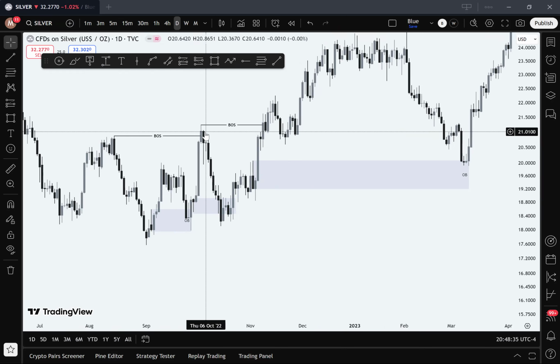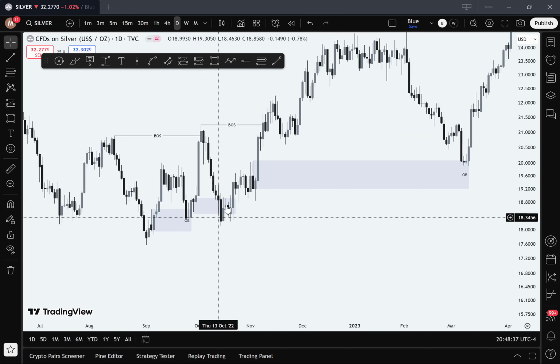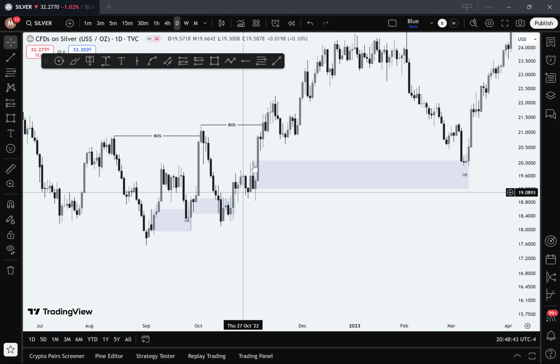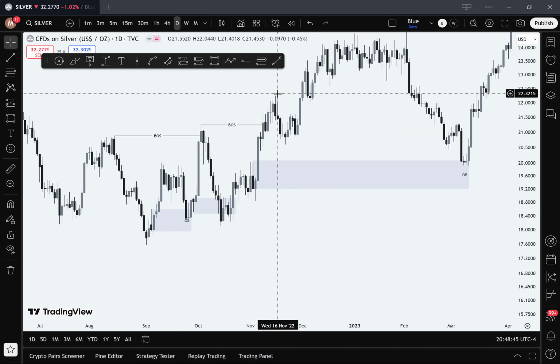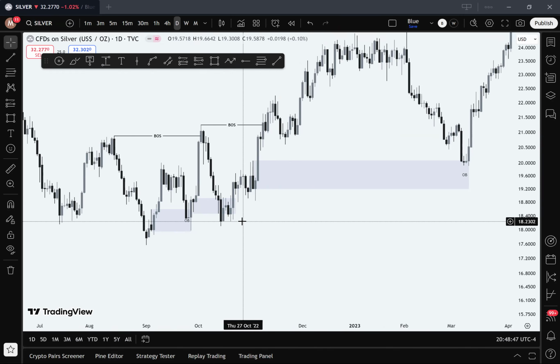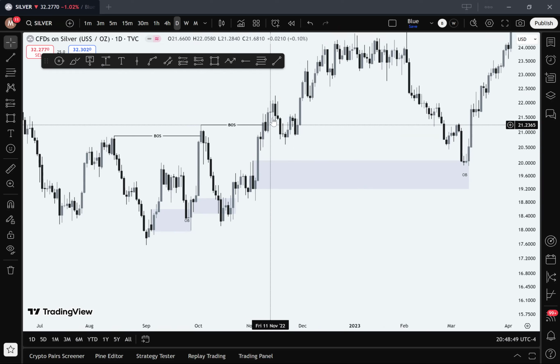And so when price came back to it, went a little deeper, but it still reacted from it, and then pushed price upwards.